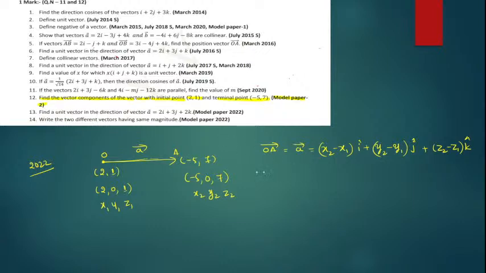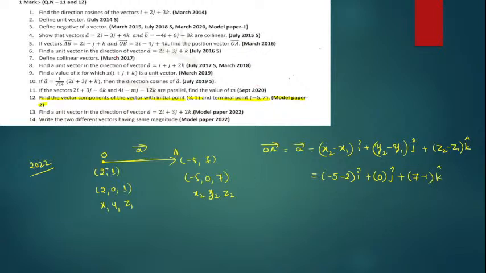So first you have to find the vector OA here. So x2 minus x1 is minus 5 minus 2 i cap, plus y2 minus y1 is 0 minus 0, that is 0 times j cap, plus z2 minus z1 is 7 minus 1, k cap.